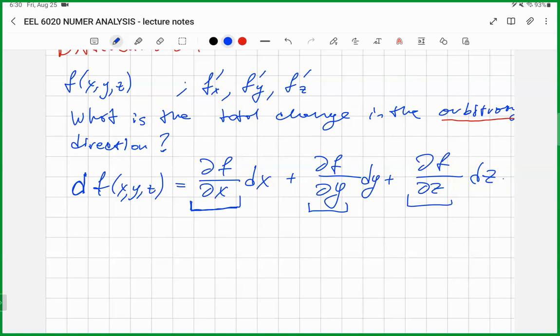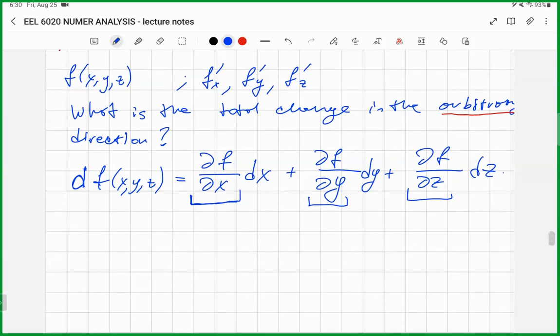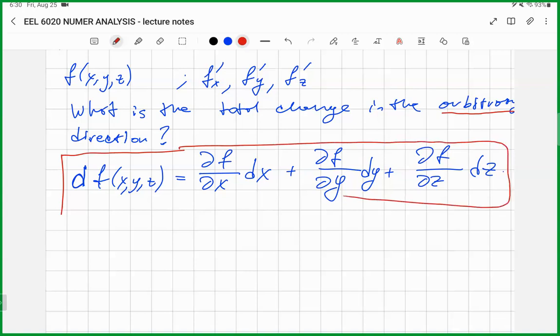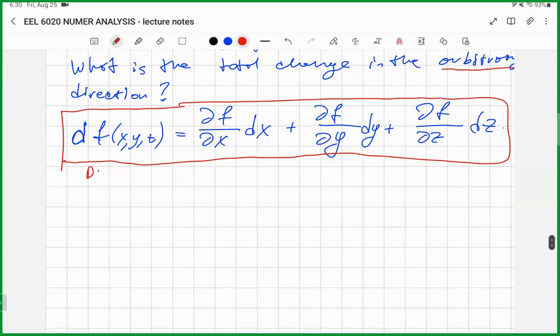I change z, by this amount. And the total change is just the sum of the three. Let me highlight this formula because it is pretty important. Let's name this the differential.